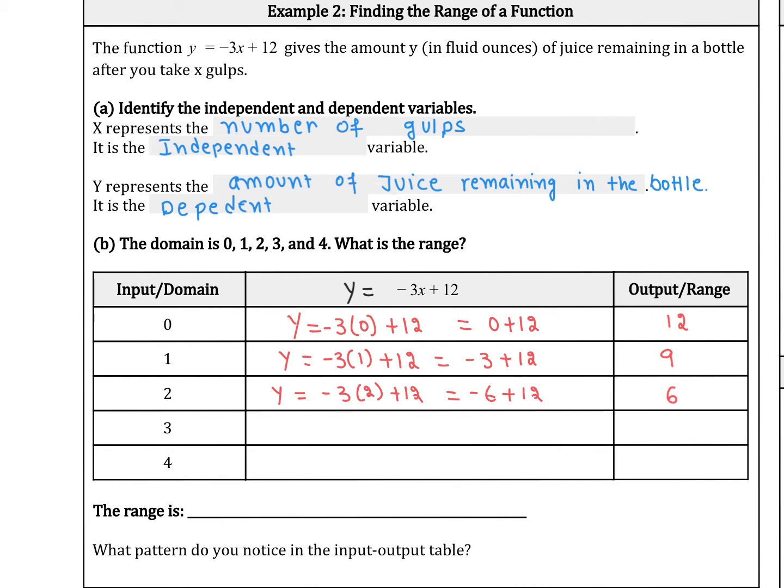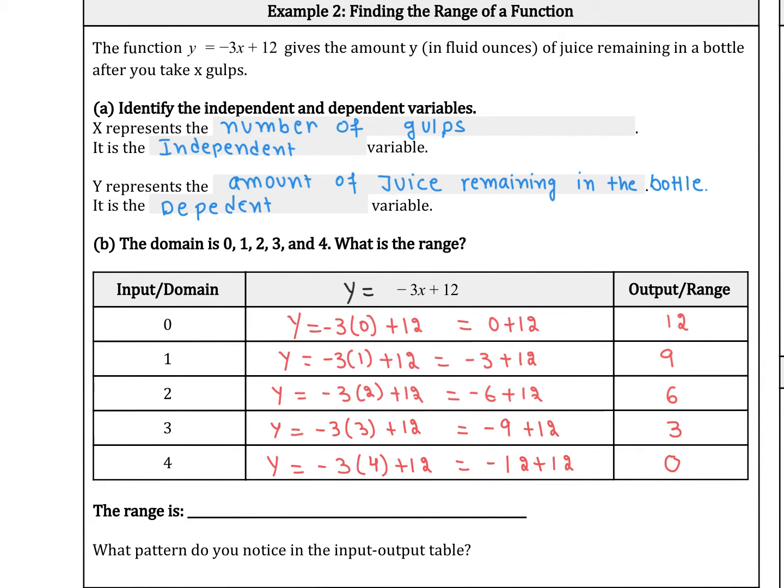So we keep on plugging the values for x into the x place here, and we keep getting different y values for each input. Negative 3 times 3 plus 12 is negative 9 plus 12, and that is 3. Y equals negative 3 times 4 plus 12, and that's negative 12 plus 12, which is 0.